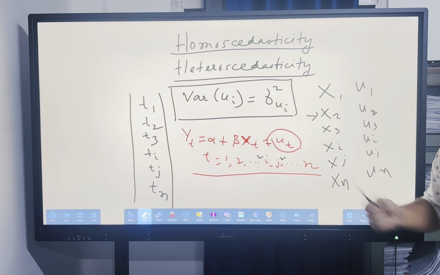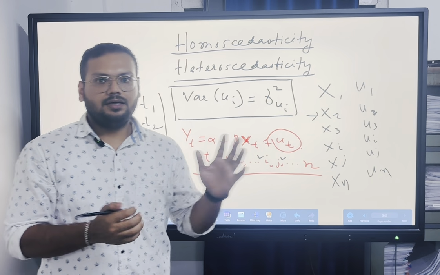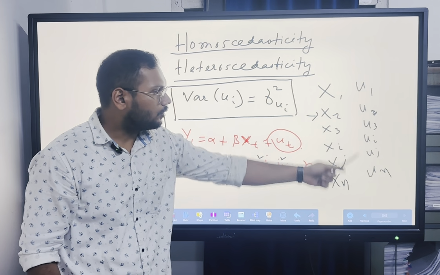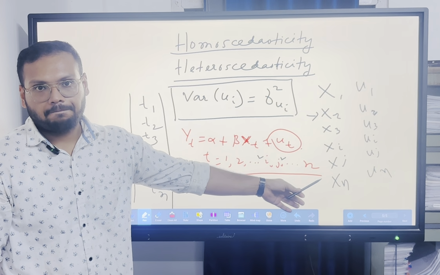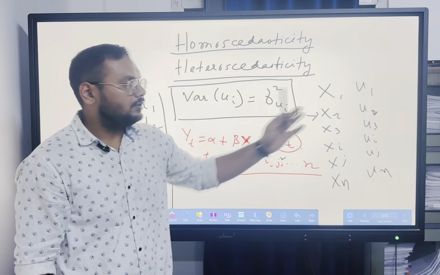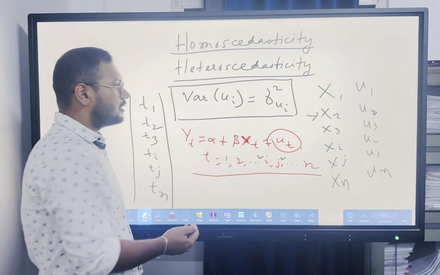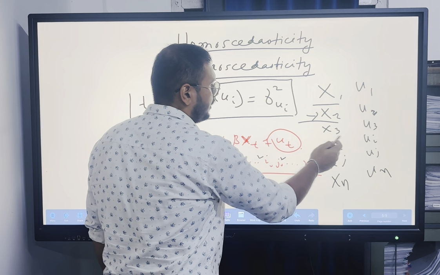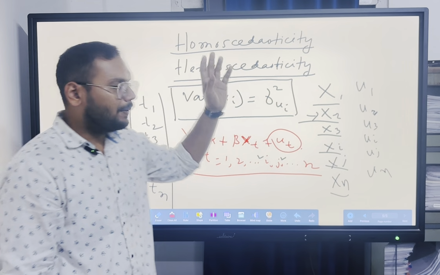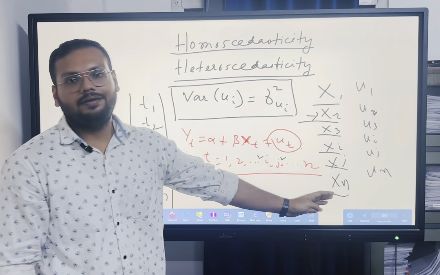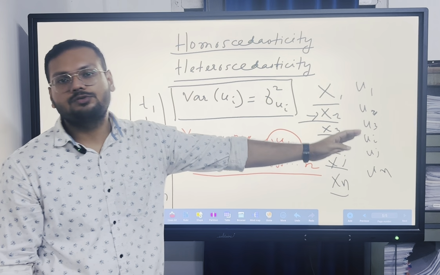Now, according to this concept, homoscedasticity means that the error terms across different time periods should have a constant variance. In other words, we can say that for various explanatory variables, the probability distribution of the error terms should also be the same.